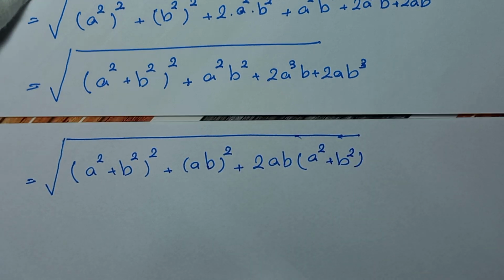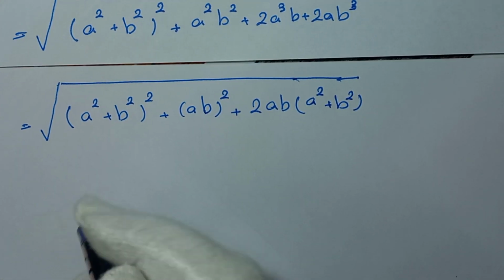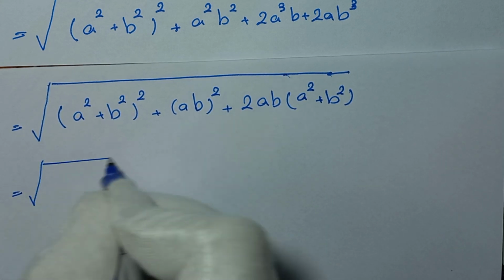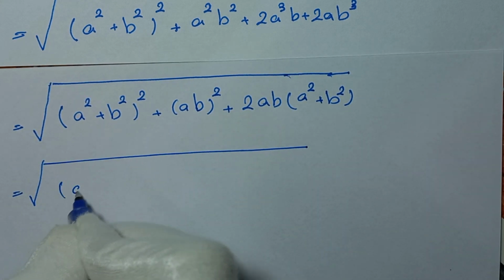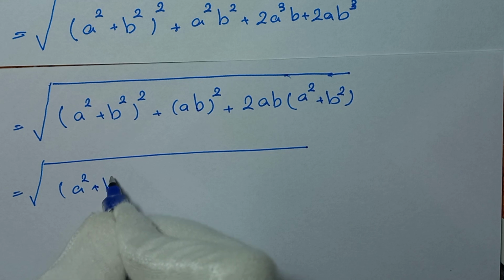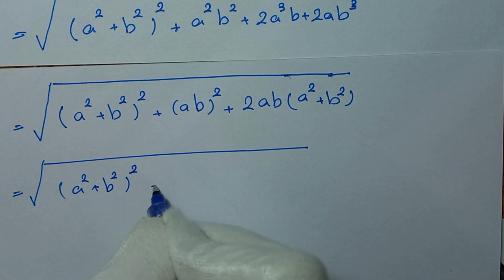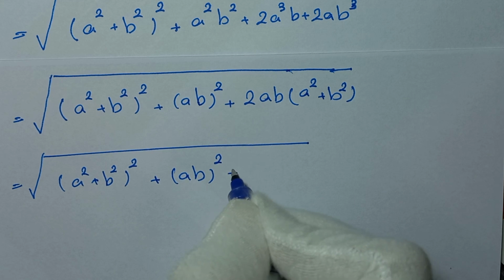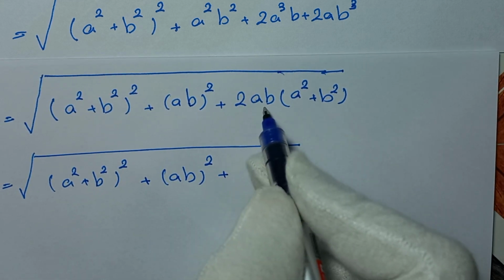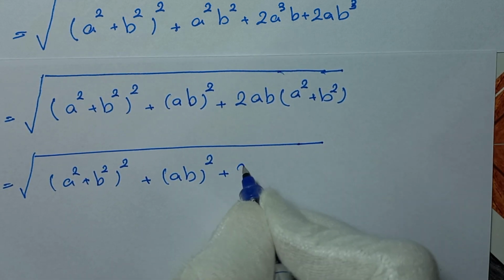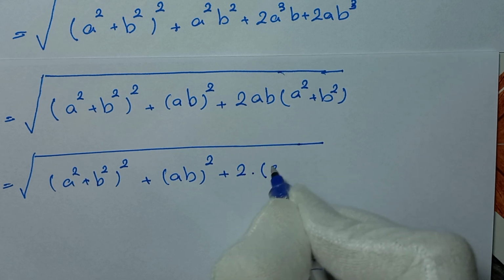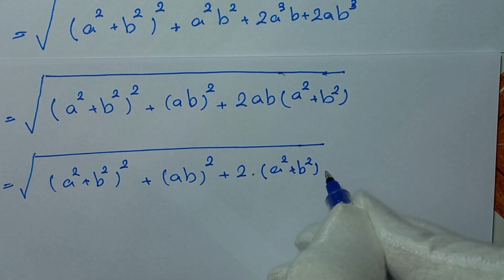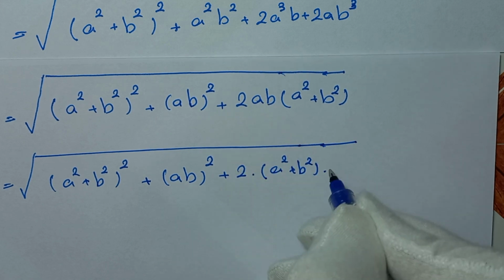So in the next step, we can write this as (a square plus b square) to the power of 2, and plus (ab) to the power of 2, and plus here this can be written as 2 times (a square plus b square) times ab, right?